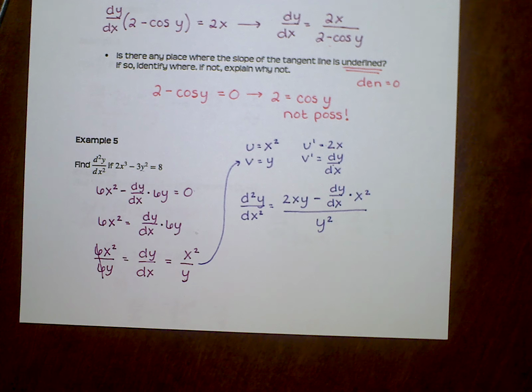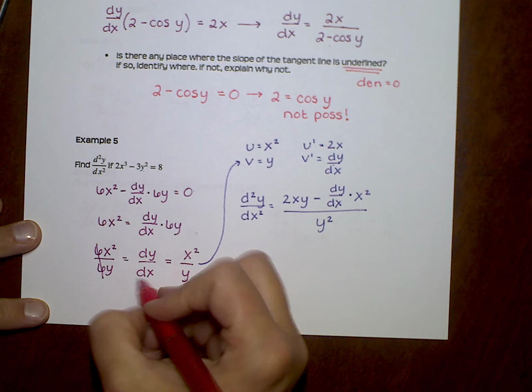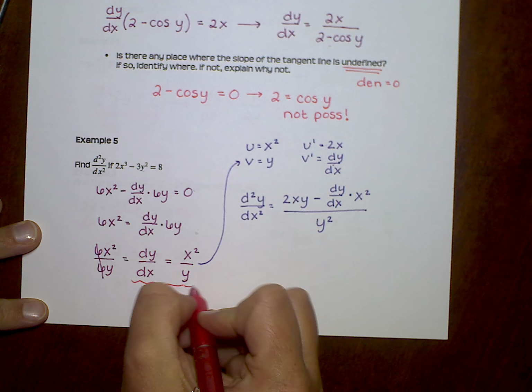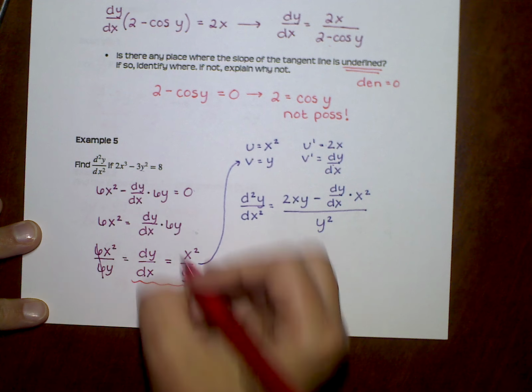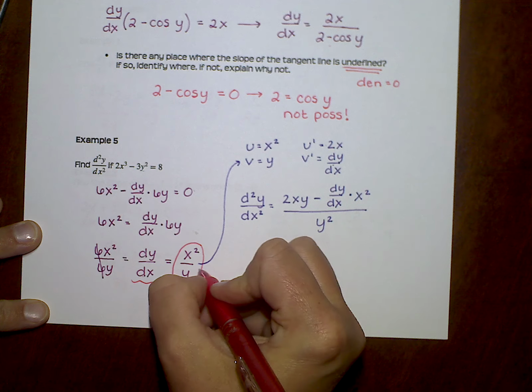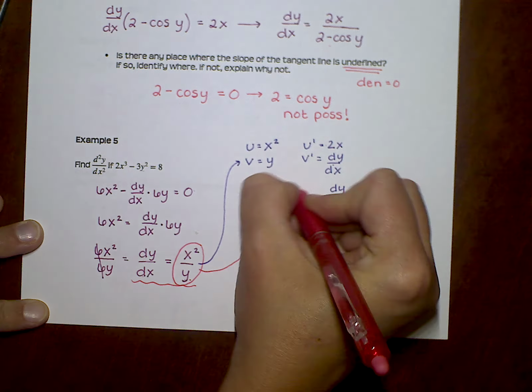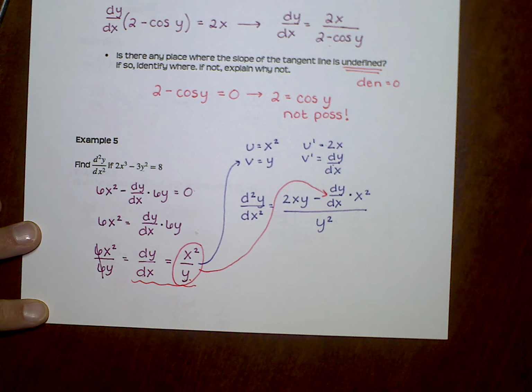So here's what this one requires you to do. We know what dy dx is. Do you see this statement right here? dy dx is x squared over y. So what I'm going to do is take this x squared over y and substitute it right in for that dy dx, because that's what it's equal to, right?